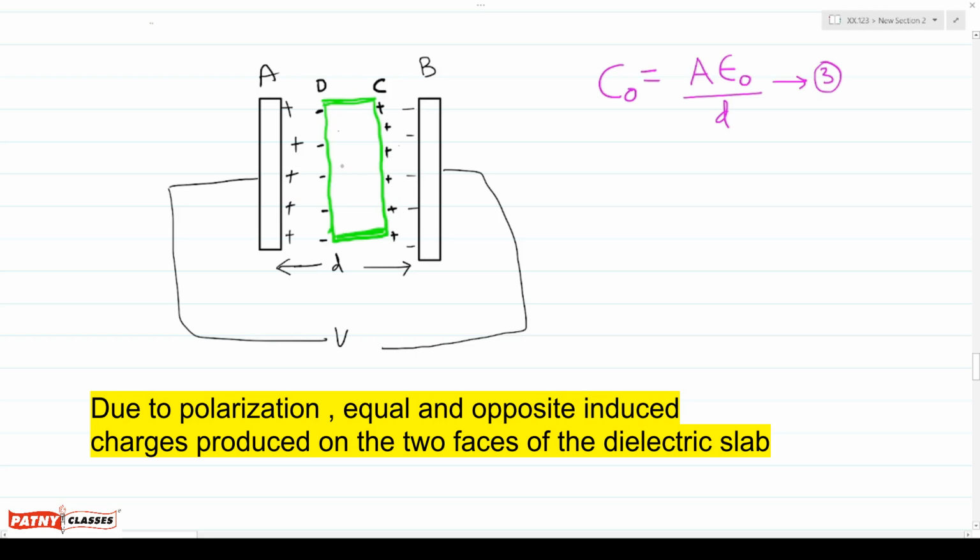The direction of the electric field in the dielectric material is from C to D, and let us call this electric field EP, directed from C to D. The direction of the electric field in the dielectric material and the direction of the electric field without dielectric material are exactly opposite to each other.